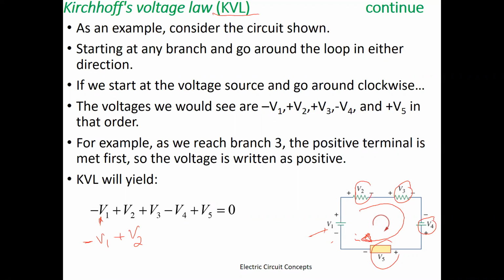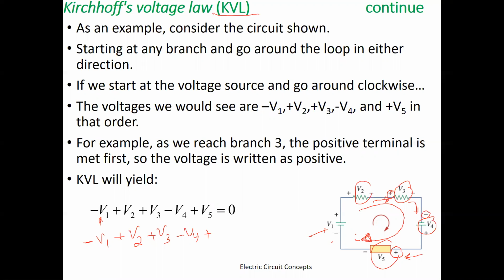And then the current will continue flowing and is going to meet the positive of V3, so V3 will be positive. And then the current, when it reaches V4, is going to meet the minus, so it will be a minus V4. And then the same thing, when it comes and hits V5, it will meet the plus sign.